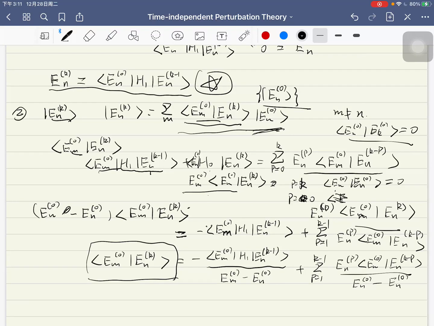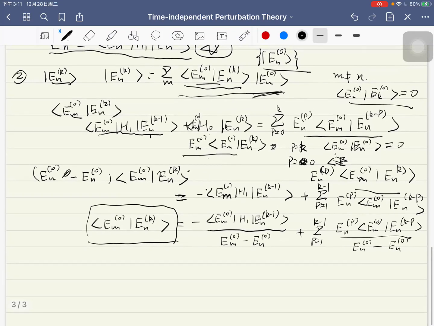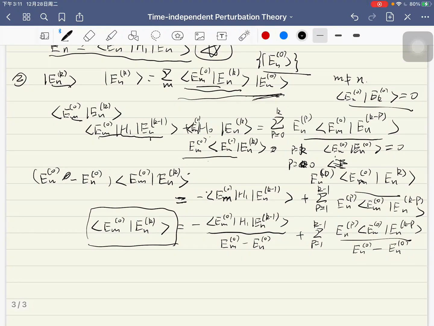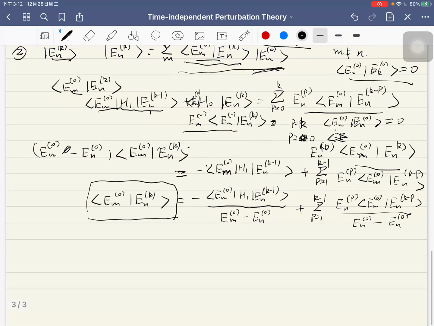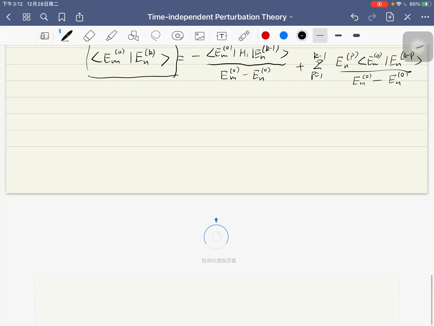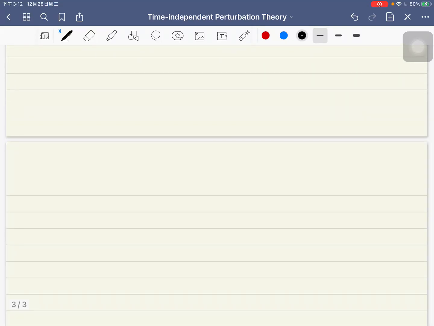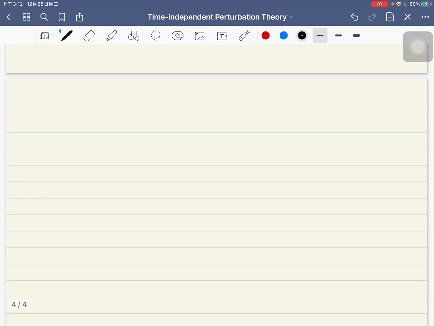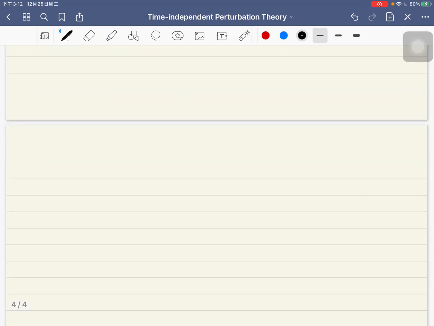So to calculate the k-th order, we need to calculate the k minus 1th order and all other lower orders. So we can start from the very simple examples, from the first order perturbation series.